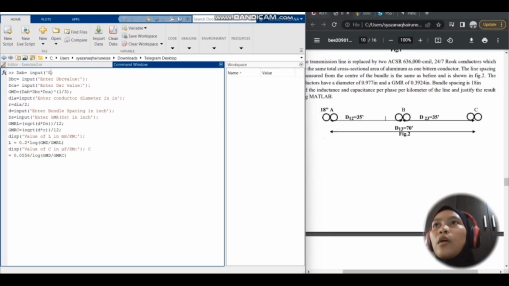The value of distance DAB is 55. And then the value of DBC is also 35. The value of DCA is the same as the value from A to C. So from figure 2, the value of DCA is 70.